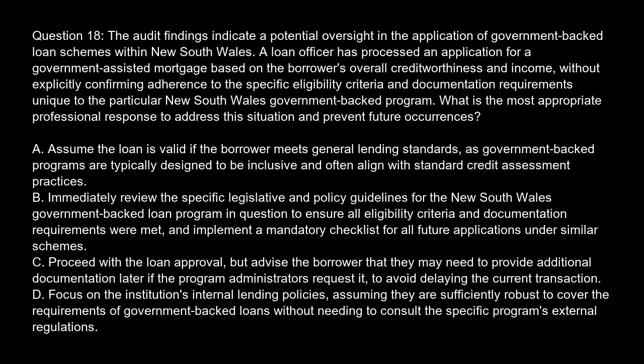Option C. Proceed with the loan approval, but advise the borrower that they may need to provide additional documentation later if the program administrators request it, to avoid delaying the current transaction. Option D. Focus on the institution's internal lending policies, assuming they are sufficiently robust to cover the requirements of government-backed loans without needing to consult the specific program's external regulations.